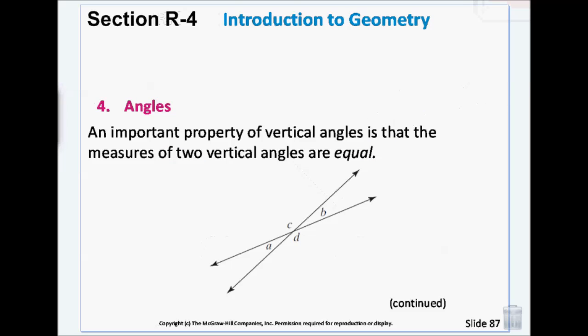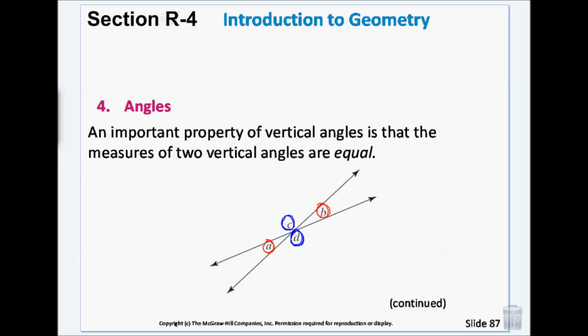We have a property of vertical angles. If you have 2 lines that intersect each other, they make angles that are equal to each other. So C and D are equal. And then A and B are equal.